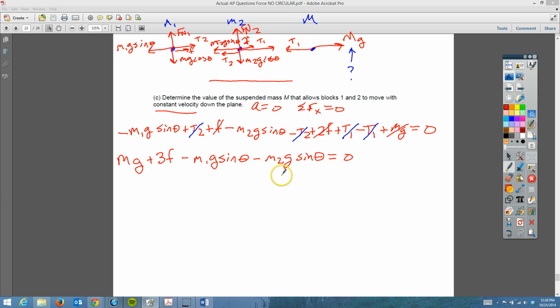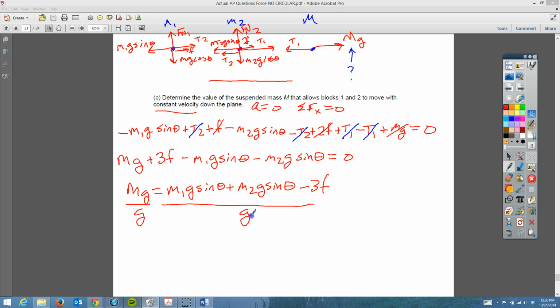We need to solve this whole thing for M. So let's go ahead and move everything to the right that we can move to the right. So this would be m1g sine of the angle. So this becomes positive, plus m2g sine of the angle minus 3f. Let's divide both sides by g, and that will give us our final answer.